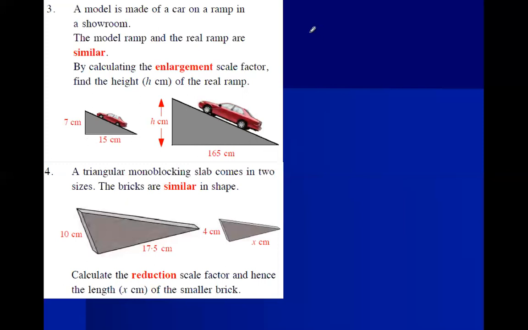So you would just write ESF equals 165 divided by 15.